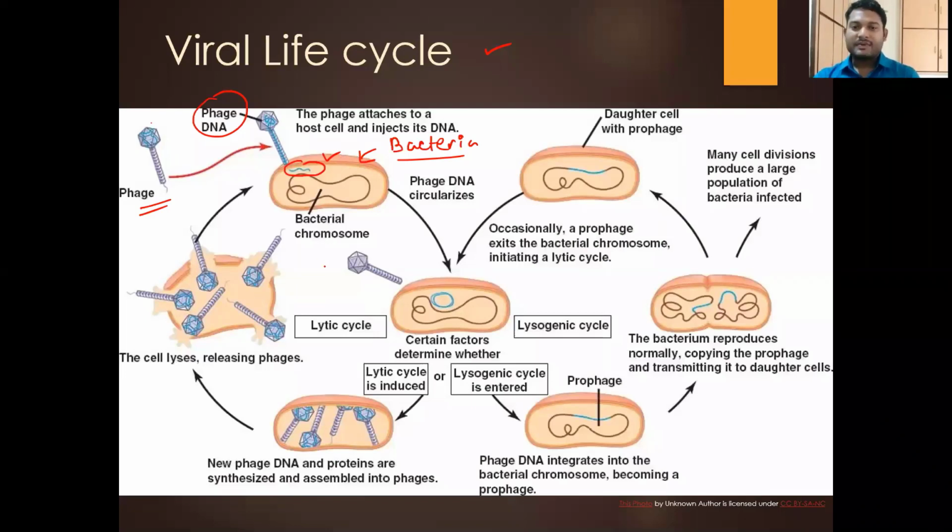In one type of life cycle, which I call the lytic cycle, the bacterium is injected with the phage DNA, and the phage DNA takes over the host machinery and produces new phage DNA and proteins, and they are assembled into new phages.